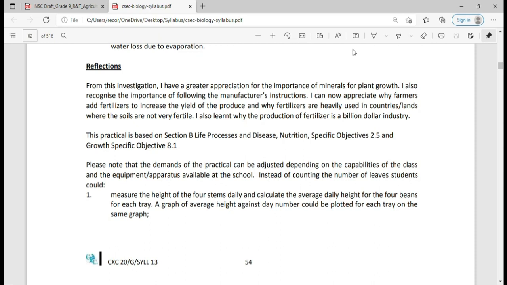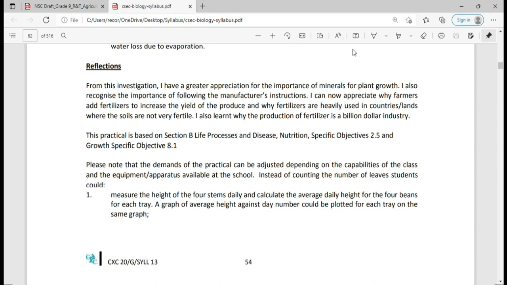So you are seeing here, it is telling based on the reflection, we can say exactly where in the syllabus this lab was taken from and what objective or objectives were addressed in this lab. So here we're looking at nutrition and we are looking at disease. Of course, your lab says nutrition and disease.